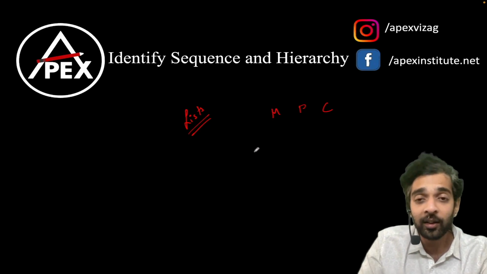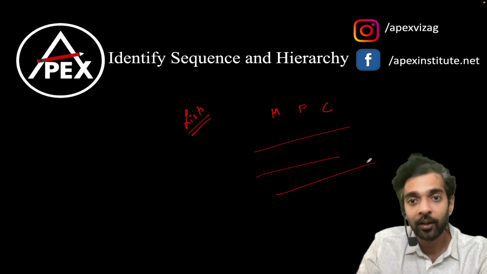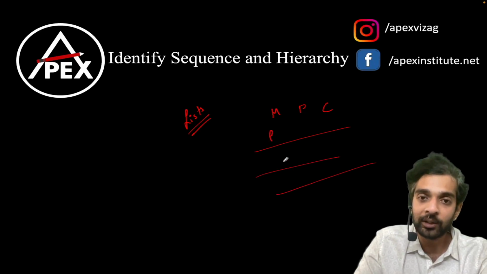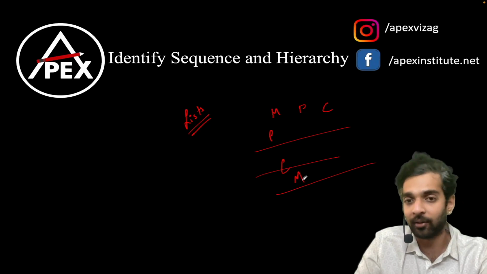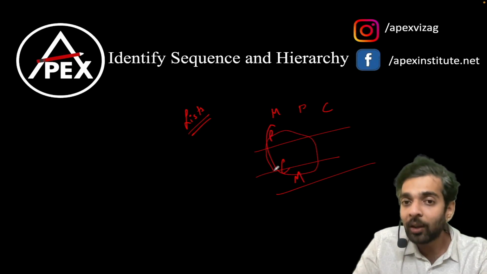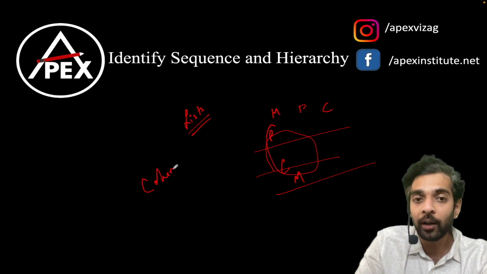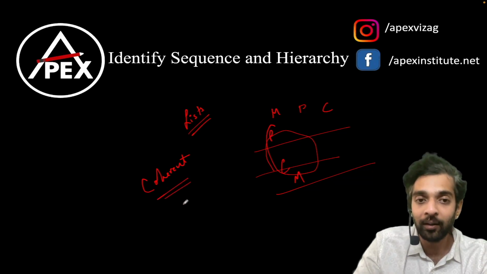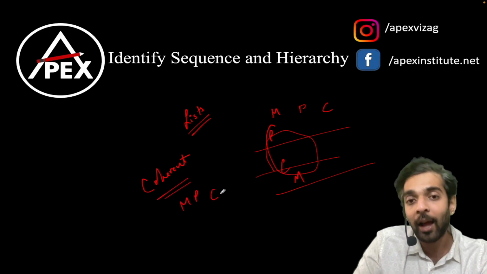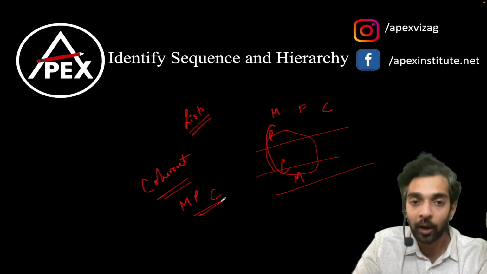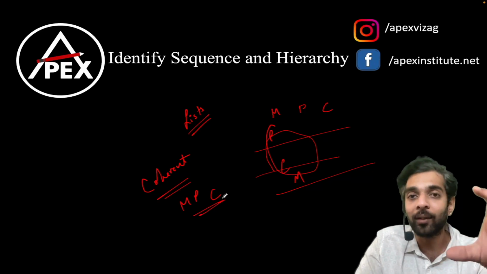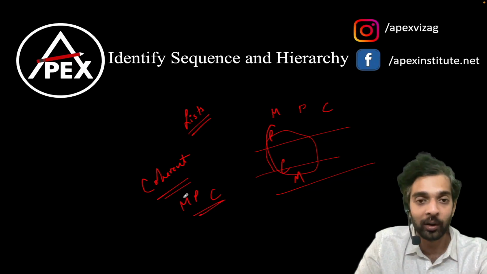And in the next 3 sentences, they're talking about physics first, chemistry later and maths next. Although this is also correct, the most unambiguous, the most coherent manner to place these is in the same order as mentioned in the first line. So this is how sequences and hierarchy works.